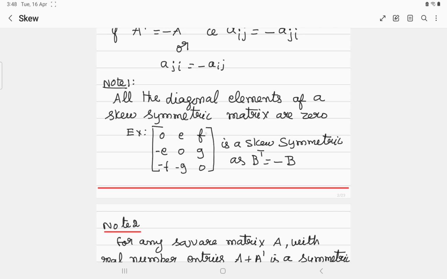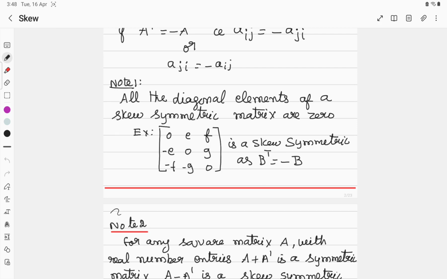This is 0, e, f, minus e, 0, g, minus f, minus g, 0. This is the 3 into 3 matrix. இதில் prime diagonals எல்லா எலிமெண்ட்ஸும் 0வாக இருக்கு பாருங்க. இந்த மாதிரி prime diagonals எலிமெண்ட்ஸ்லாம் 0வாக இருந்தால் it is a skew symmetric matrix. That is, B matrix is equal to minus B transpose.